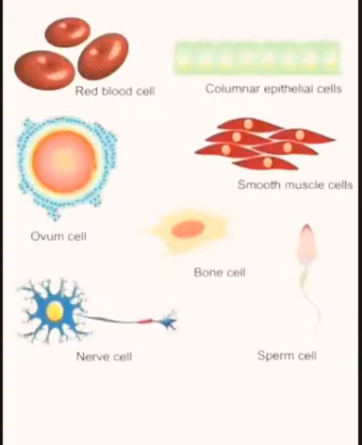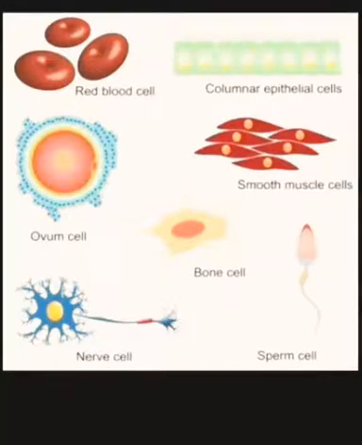In this picture you can see different shapes of cells. The red blood cells are circular, and the columnar epithelial cells are cuboidal. The ovum cells are very much circular in shape. The smooth muscle cells are spindle shaped.